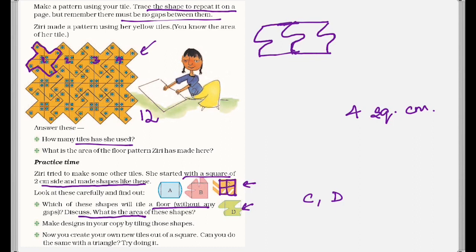So you need to draw these patterns in your notebook. Now you can create your own new tiles out of a square. And you can do the same with triangles also, so you can try and make new tiles on your own. So with this we have come to an end of this chapter.